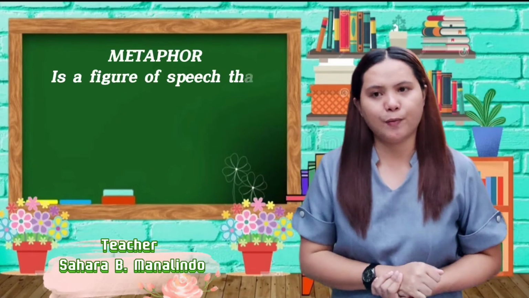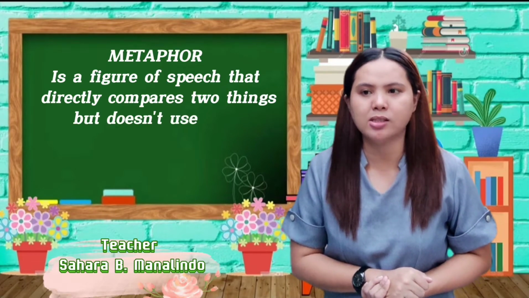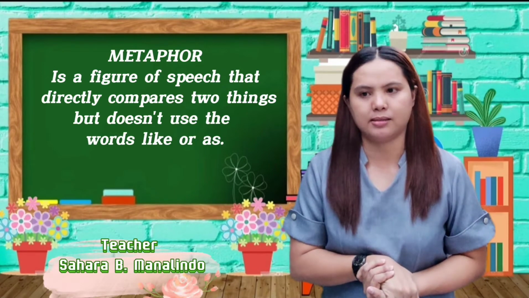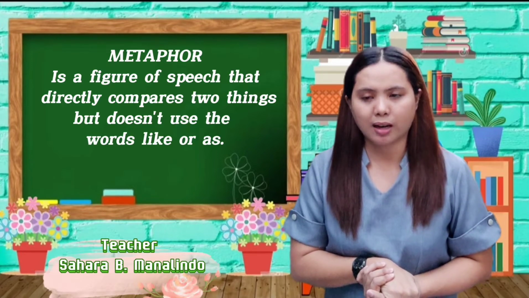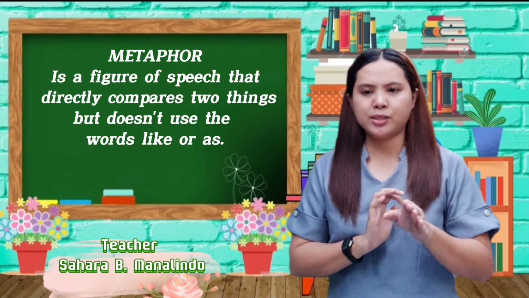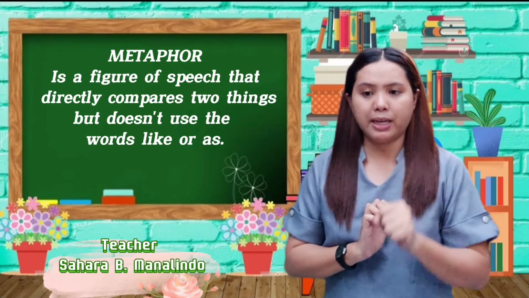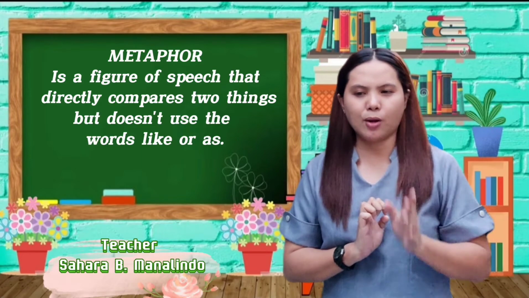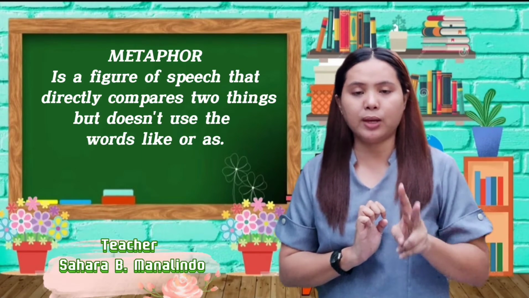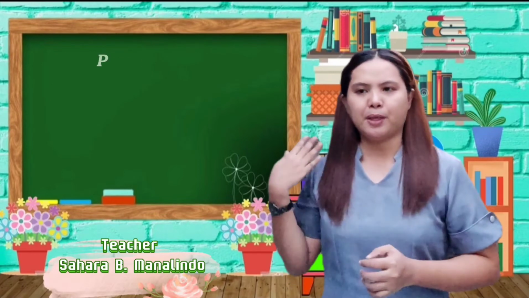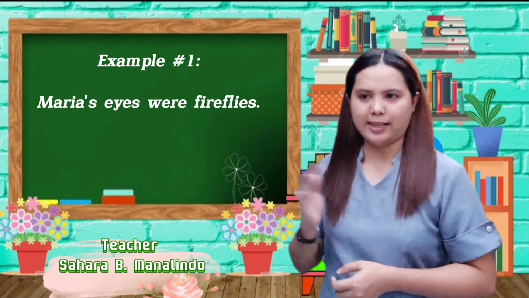Okay, let us now discuss metaphor. Metaphor is a figure of speech that directly compares two things, but doesn't use the word like or as. Again, without the use of like or as. Simile uses like or as, while metaphor does not. But this is also a comparison between two unlike objects. Okay, let's have a few examples. Maria's eyes were fireflies.